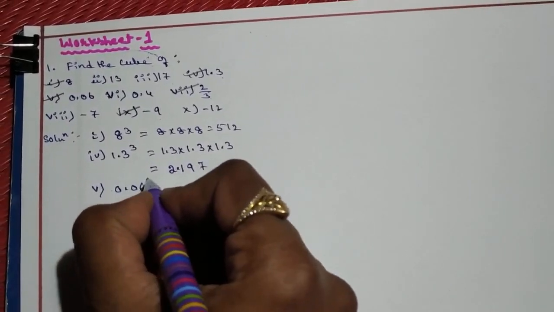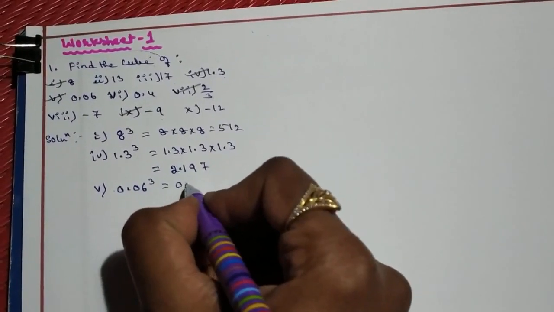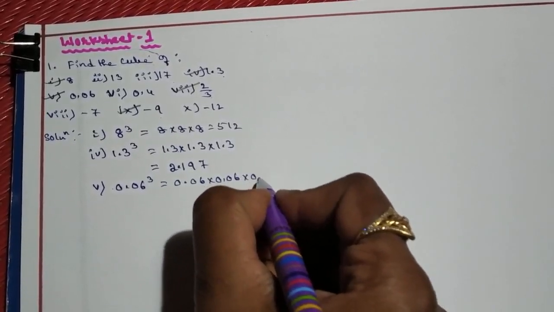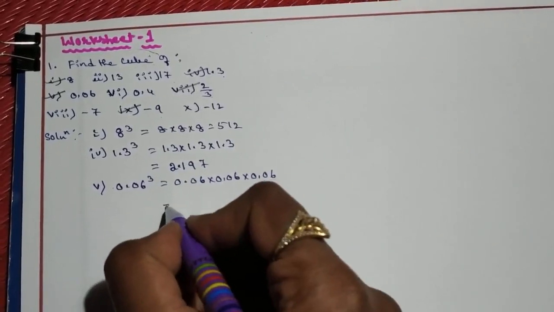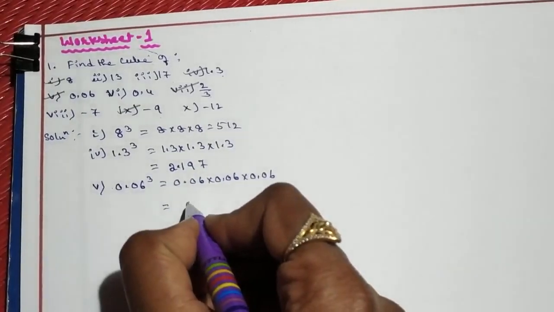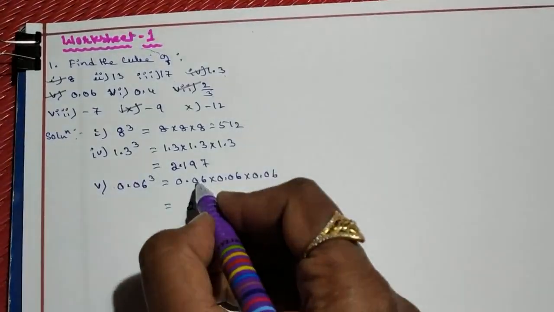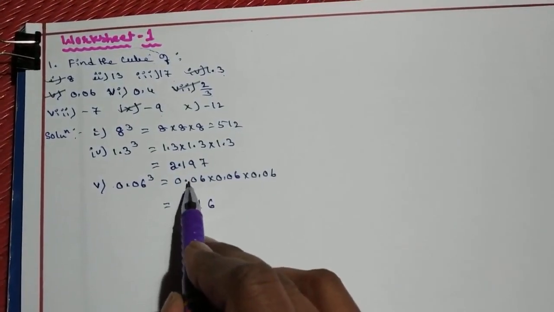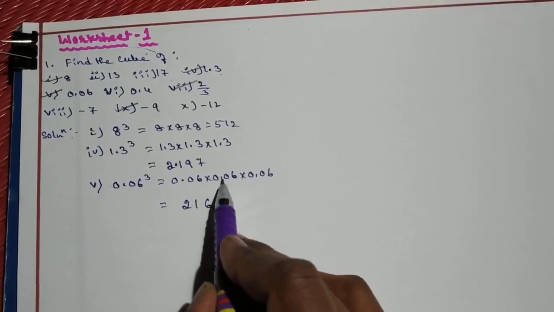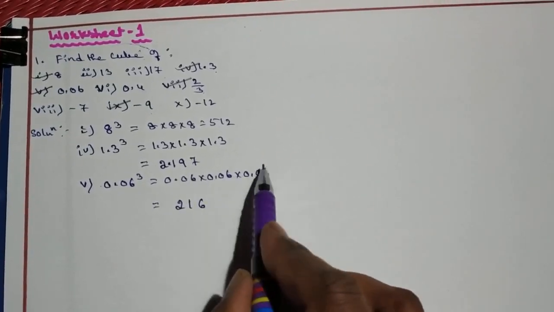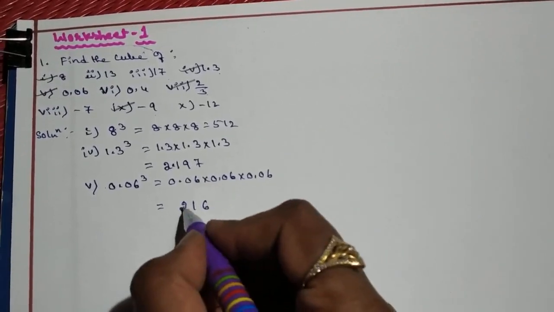0.06 cube. Nothing but 0.06 into 0.06 into 0.06. We know that 6 cube is 216. But here after the decimal point we have 2 digits, after the decimal point 2 digits, after the decimal point 2 digits. So 2 plus 2 plus 2 is 6. But here we have only 3 digits.